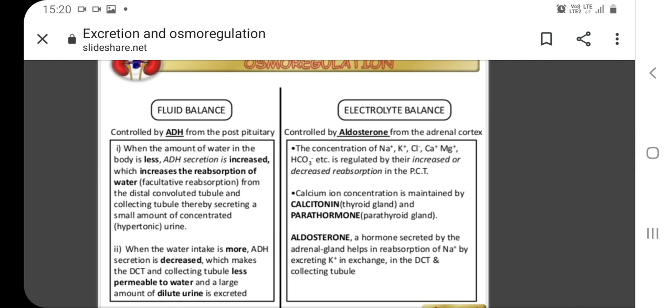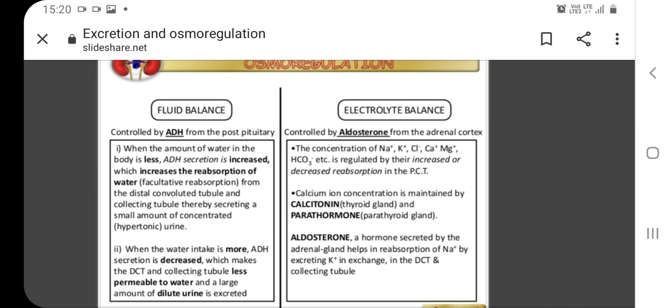The concentration of sodium, potassium, chloride, calcium, magnesium, bicarbonate, etc. is regulated by their increased or decreased reabsorption in proximal convoluted tubule.